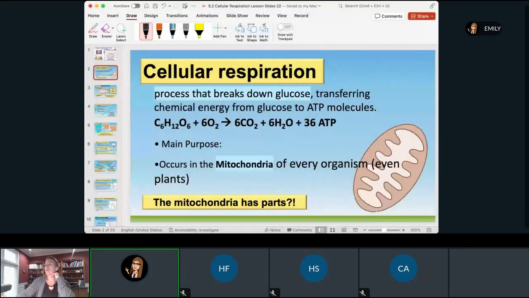First, cellular respiration is the process that breaks down glucose and transfers that chemical energy into ATP. Who can tell me why does that chemical equation look familiar?